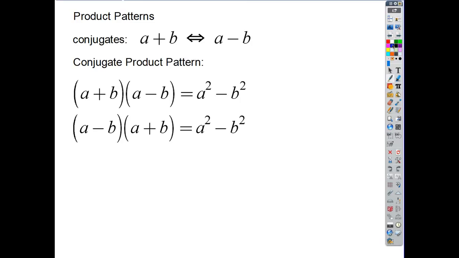So what if we had something like, let's say, 2x plus 5 times 2x minus 5. What's my a and what's my b in that pattern? You'd include the x. So the a is the 2x, so all that stuff is a, and 5 is b.